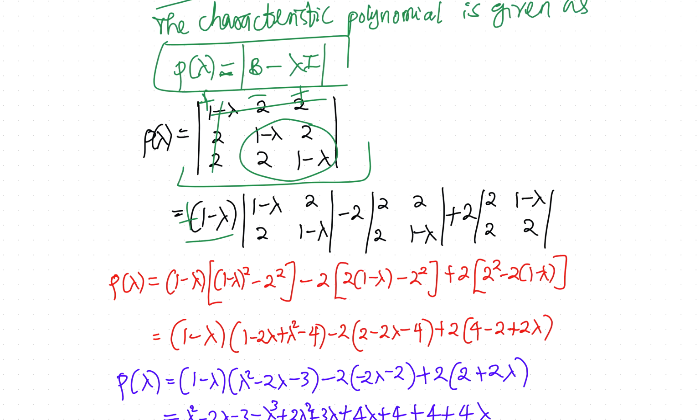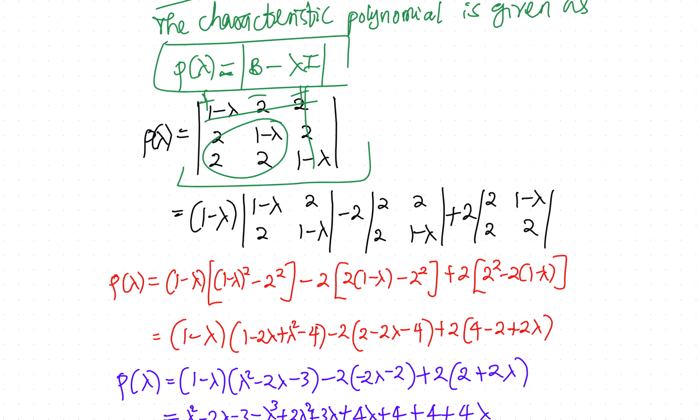Then the next thing is you take minus 2, this minus 2 is what comes here, and then cross this column, cross this row. So you have 2, 2, 2, 1 minus lambda. And then lastly, you take plus 2, it comes here, and then cross its row and its column. So you have 2, 1 minus lambda, 2, 2 coming right here.